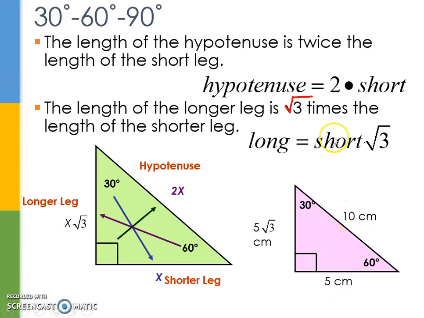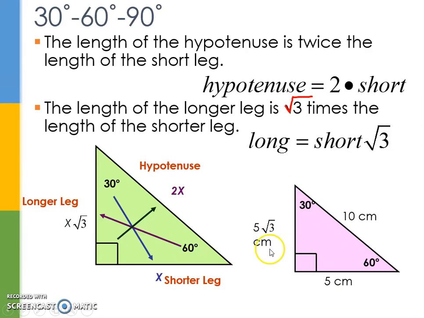This is 10 because 2 times the shorter leg is the hypotenuse, according to the formula. And then this length is 5 radical 3. So that is the length of this leg. The formula is the longer side is short leg times radical 3. So you just have to write 5 radical 3 for this length.